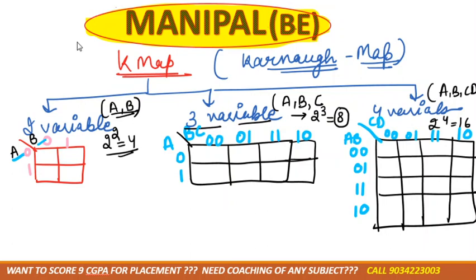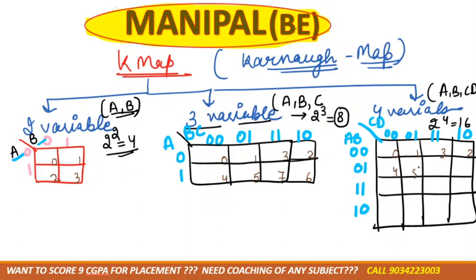Got it? Now next we need to add the numbers in the boxes. We'll write 0, 1, 2, 3. Then in this also we'll write 0, 1, leave the third column, then add 2, back to the third column 3. Then 4, 5, leave the third column, 6 and 7. Similarly in this also 0, 1, leave the third column, 2, 3.